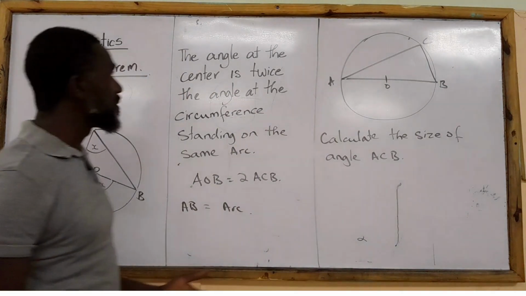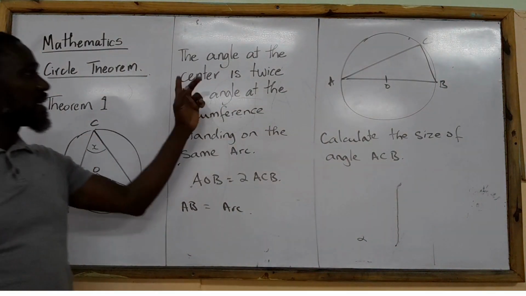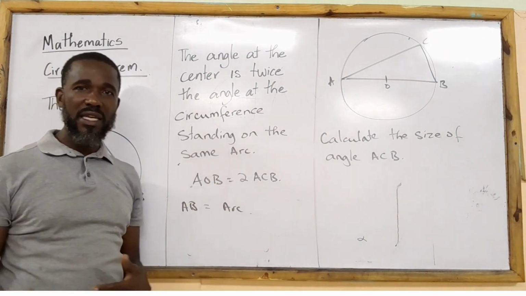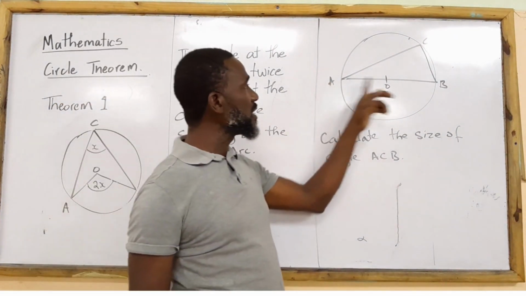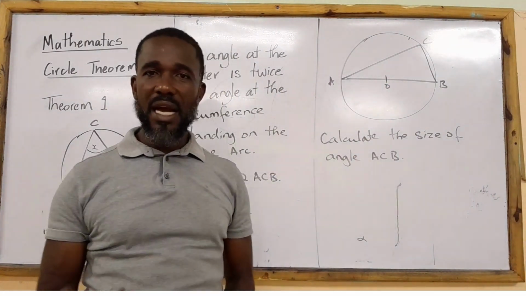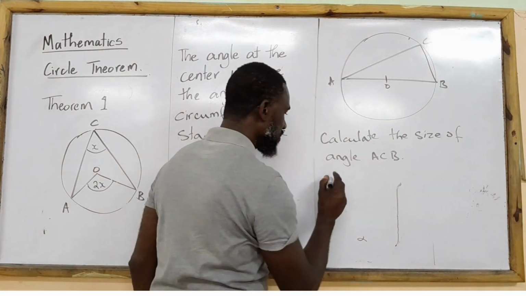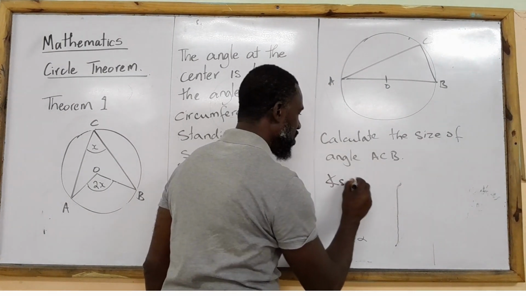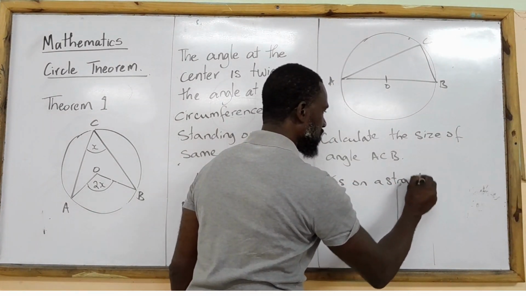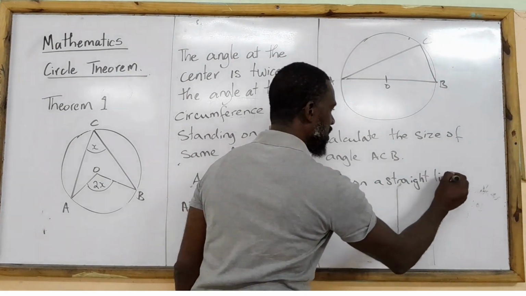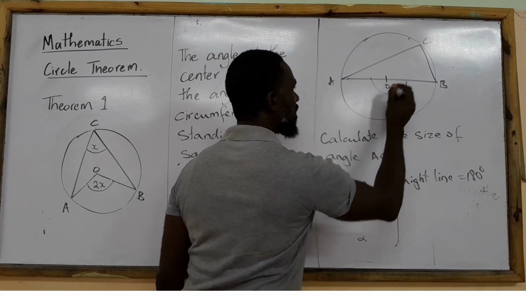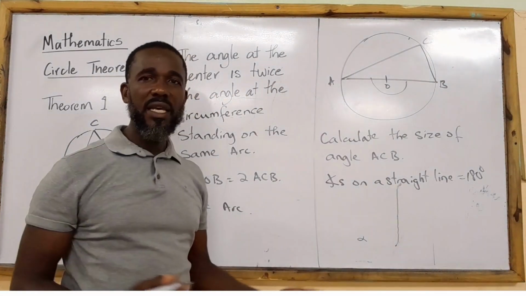Now, using the same theorem, we say calculate the angle at the center. The angle at the center is twice the angle at the circumference standing on the same arc. From A to B, we realize that this is a straight line, and angles on a straight line are equal to 180 degrees. So this angle here is actually 180 degrees.